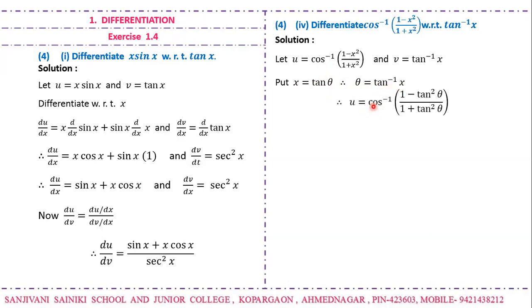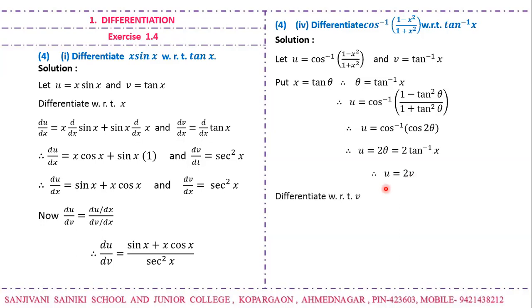So u is equal to cos inverse of cos 2 theta, which is nothing but 2 theta. But theta is tan inverse of x, so u is equal to 2 times tan inverse of x. But tan inverse of x is v, so u is equal to 2v.